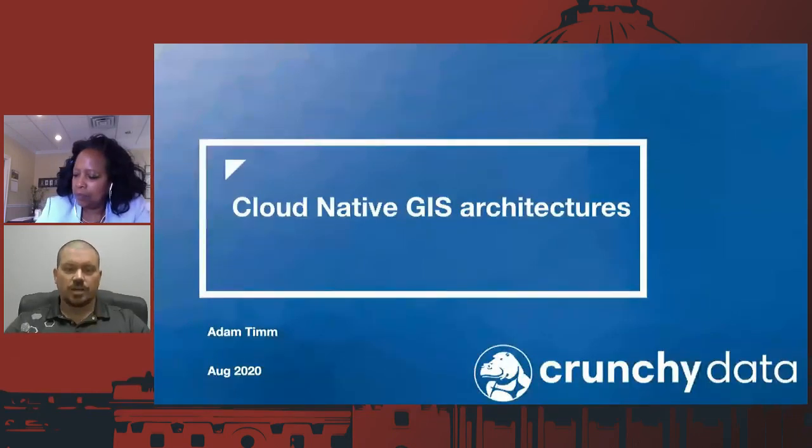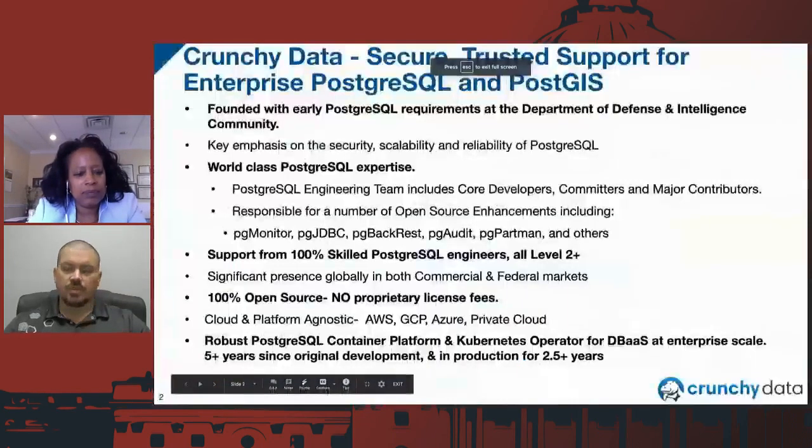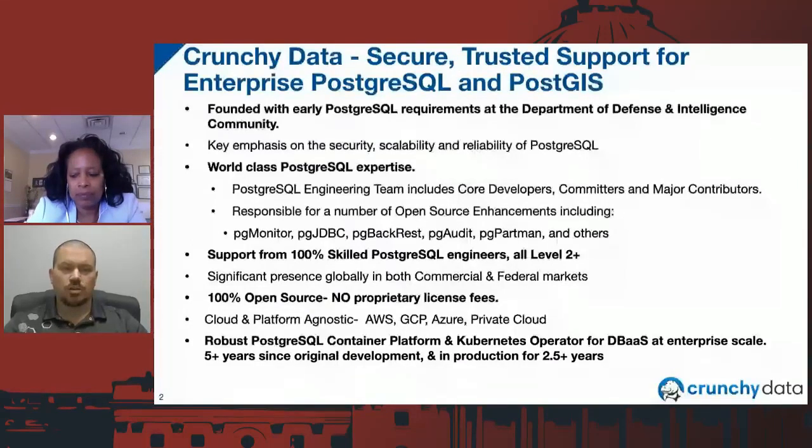First off, I'll go a little bit into who Crunchy Data is and our background. First and foremost, Crunchy Data provides secure, trusted support for enterprise Postgres and PostGIS implementations. We are first and foremost a database company, right? So it may seem a little odd that a database company decided to wade into the GIS world, but it really isn't too strange.